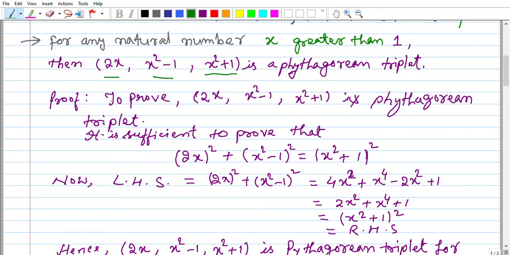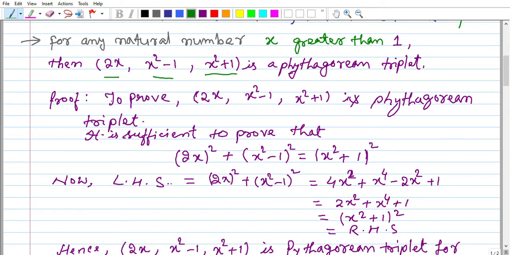Is that clear? To prove that 2x, x square minus 1, x square plus 1 is a Pythagorean triplet, it is sufficient to prove that (2x) whole square plus (x square minus 1) whole square equals (x square plus 1) whole square.